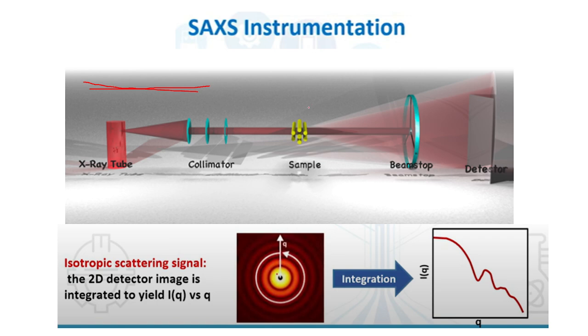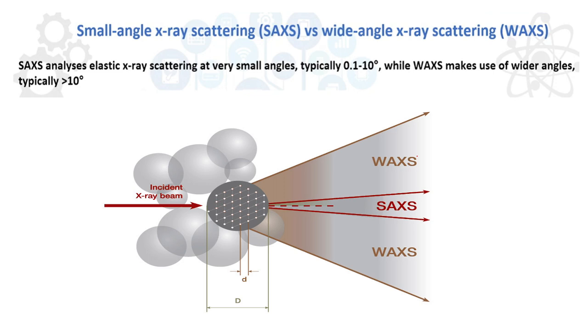That is the main reason. So basically from SAXS you can also get data that you get from the wide angle X-ray scattering just by reducing the gap between the sample and detector. You can tune the angle through a goniometer, but just by reducing the distance between detector and sample you can get the data similarly to what you get from the wide angle XRD. That is the beauty of the SAXS.